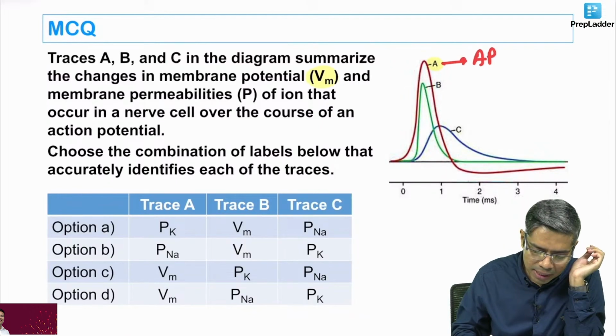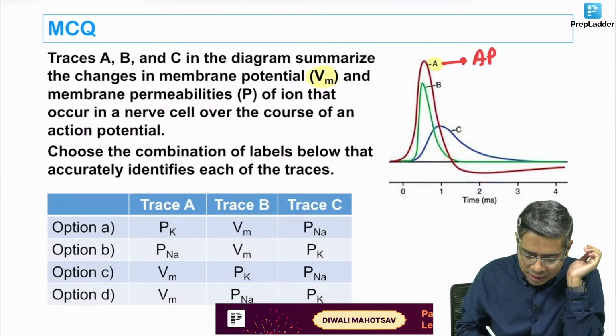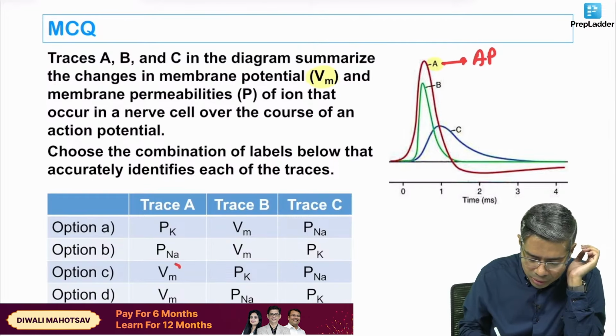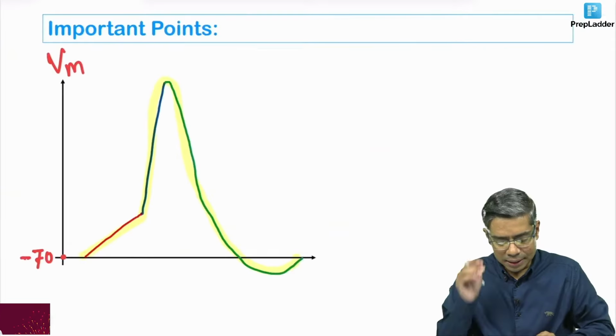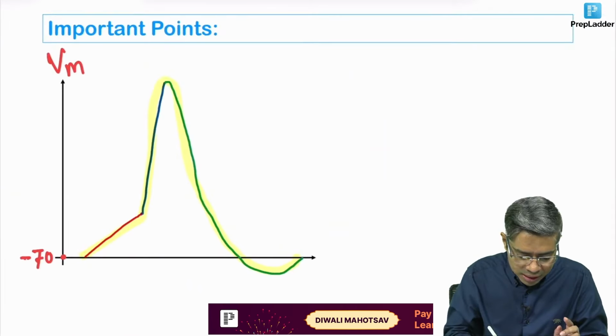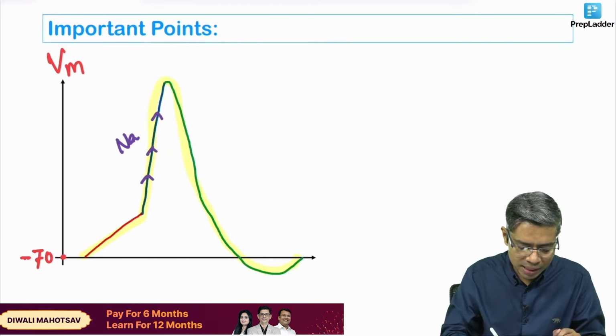So whenever I say Vm is the action potential, I mean the red color is the action potential, or A is the action potential, so obviously the answer will be either C or D. Then the next thing is that during this action potential, what is the main ion responsible for shooting up of the membrane voltage? Sodium ion. We all know that it is the entry of sodium.